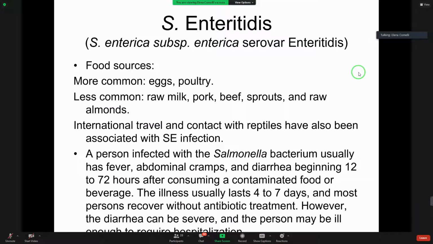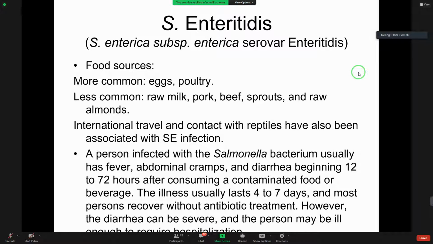Salmonella enteritidis is the serovar that causes acute gastroenteritis. To reiterate, the most common food sources are eggs and poultry. Raw milk, pork, beef, sprouts, and raw almonds are less common. International travel and contact with reptiles can also play a role.